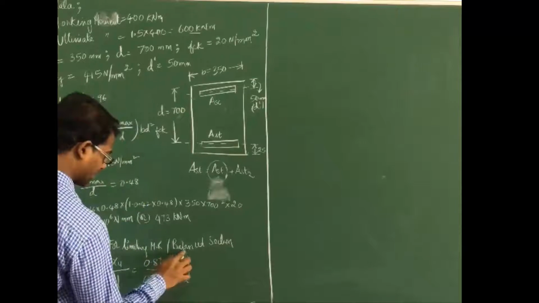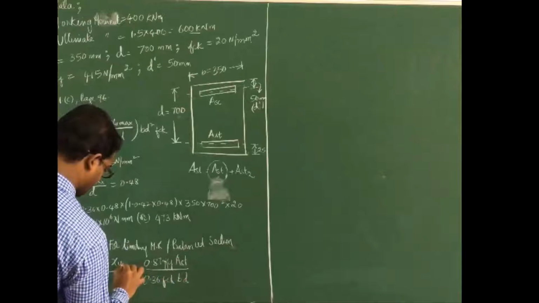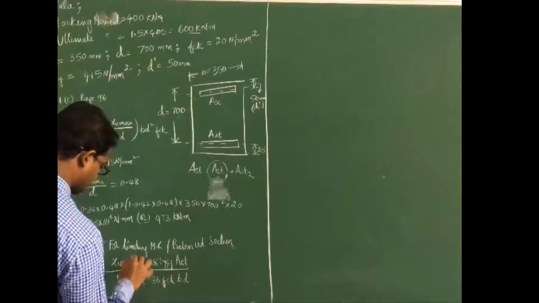Because we are considering a balanced section, XU max should be considered.